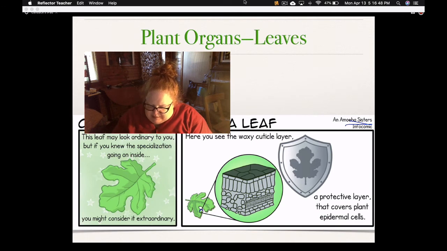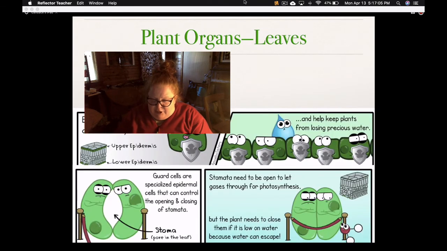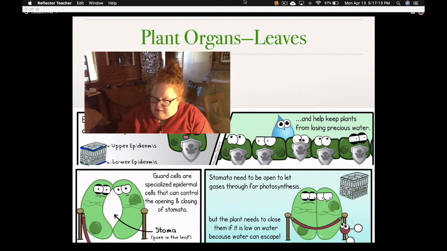If you were to take this little piece of a leaf and look at it as a cross section, and we've seen a picture that looks like this before, at the very top is going to be this cuticle, that waxy layer that's protective in order to help the water stay within the plant. And that is secreted by these epidermal cells. And so you'll see the epidermal cells along the top and bottom of the leaf. And like I said, they're going to be helping to keep that water inside.